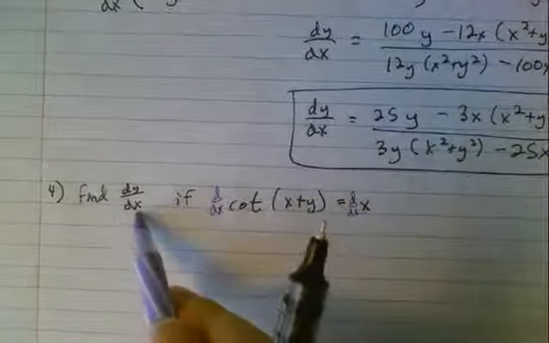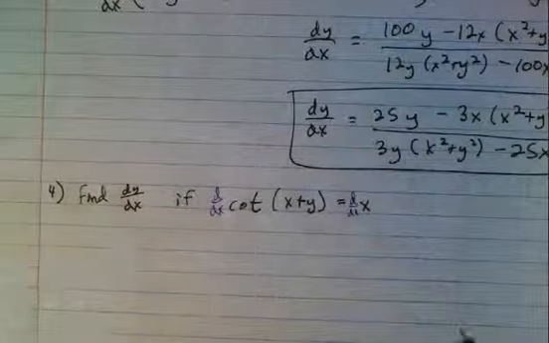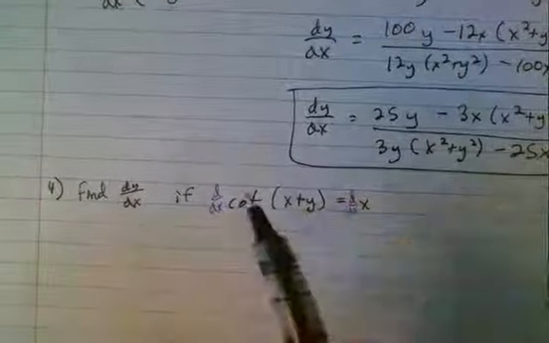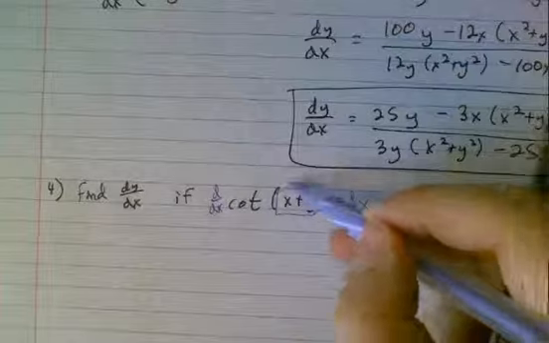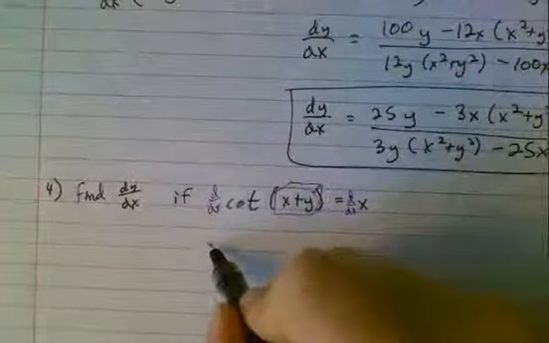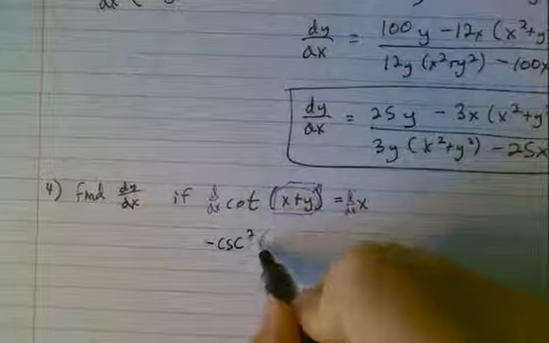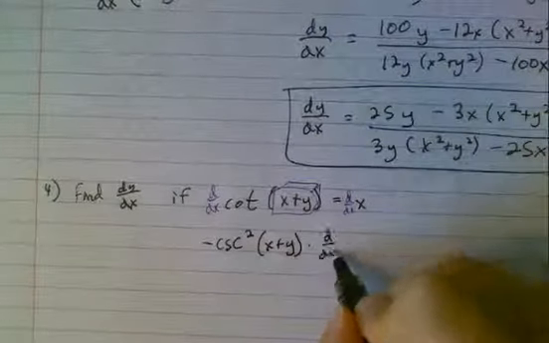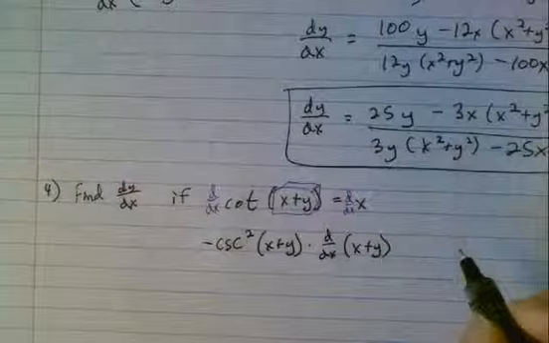We know that because there's this x down here, and we see that y is not by itself. So cotangent box function, the derivative of cotangent is negative cosecant squared of what's in the box, and then we're going to have to take the derivative of x plus y.